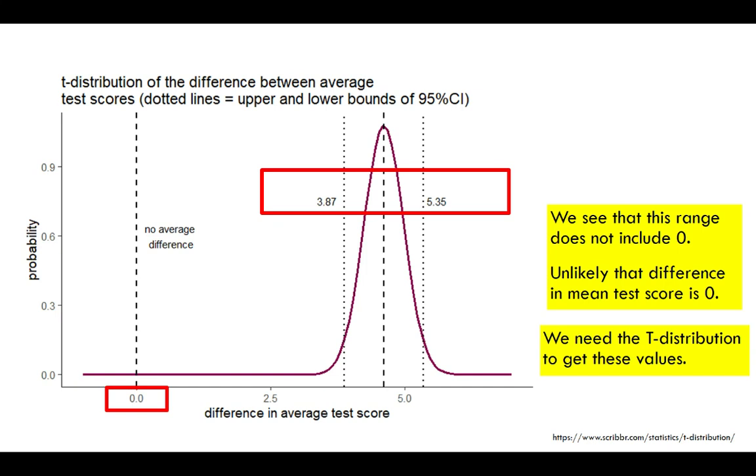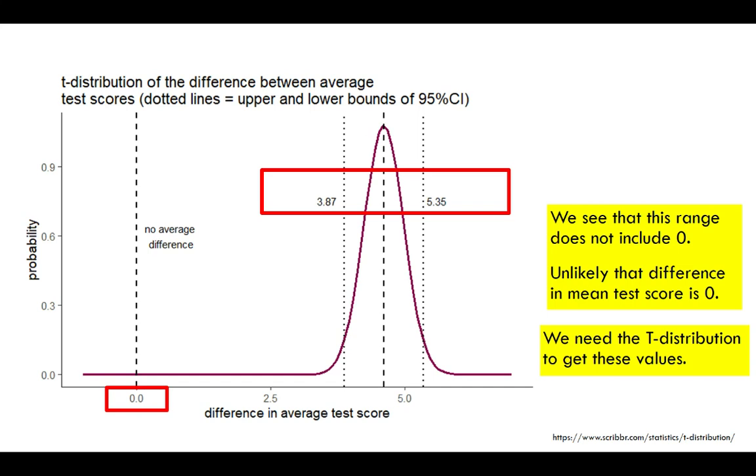We can use this t-distribution to find this upper and lower bound, like what we just did here. Some of you are thinking, oh, this sounds like a confidence interval. Yep, you are right. So we're going to be looking at this upper and lower bound, which will tell us that there's a high probability, like 95%, if that's the level of confidence we're using, that our value falls in that range. So that's really where we're heading next. And we need the t-distribution to get there.